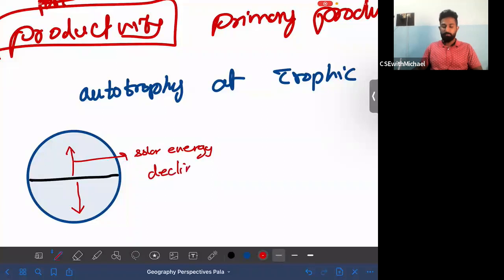The available solar energy declines towards the poles, and is followed by a decrease in primary productivity in that direction, generally.